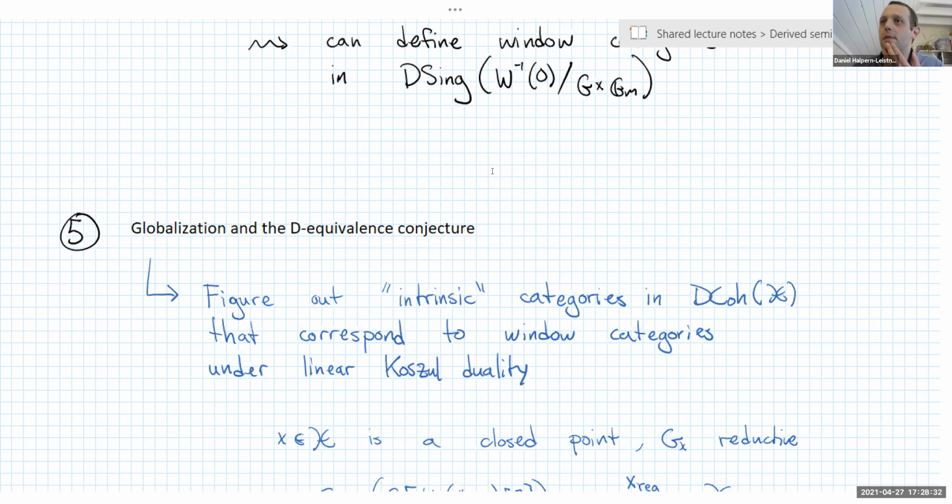So I don't think either of those are really in place for fourfolds, other than the ones that arise from this picture. This covers some birational equivalence classes of fourfolds, but the general thing I really don't know. It's possible that the window techniques will still be useful for the general conjecture, but down this line, this is, I think, as far as I can push it. I need some new ideas for how to apply window techniques to more general flops.